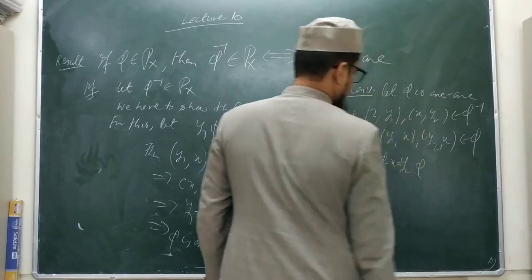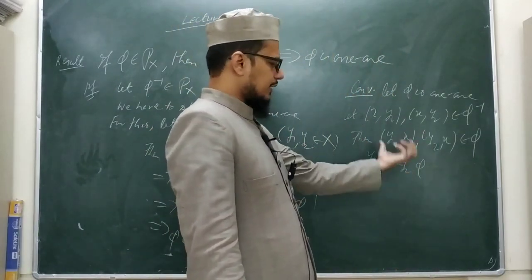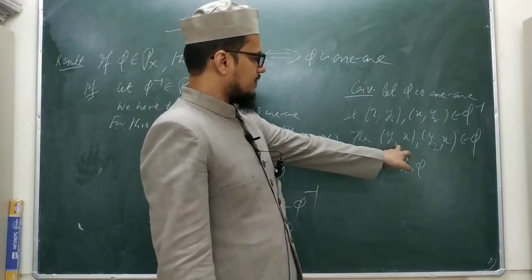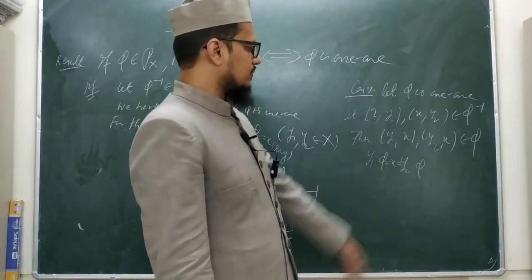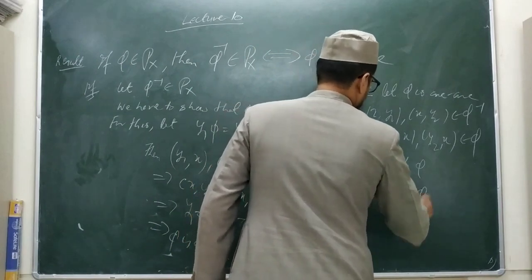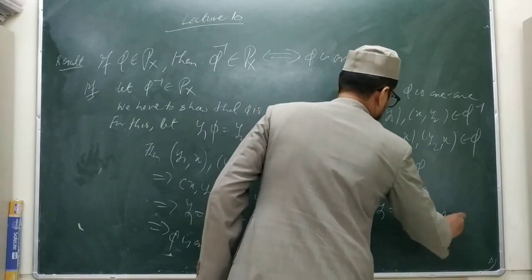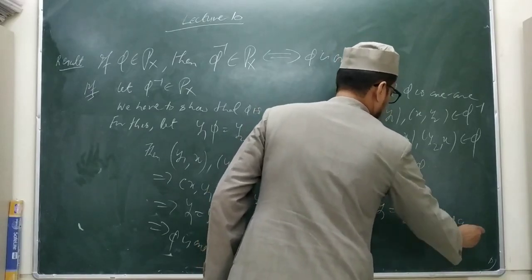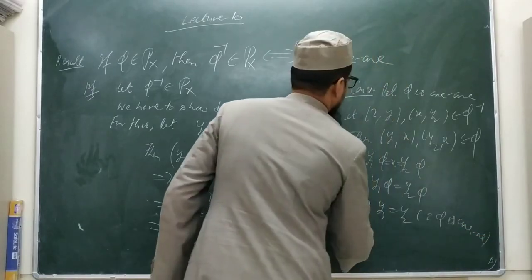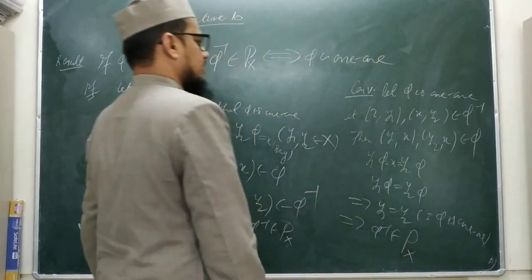See, y1 phi is what? x, and y2 phi is what? x. Image of y1 is x, image of y2 is x. So y1 phi is equal to y2 phi, and it implies y1 equals y2 since phi is 1-1. So it implies that phi inverse goes in Px. Correct?